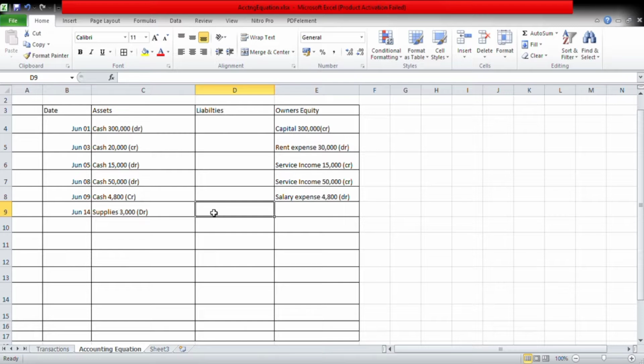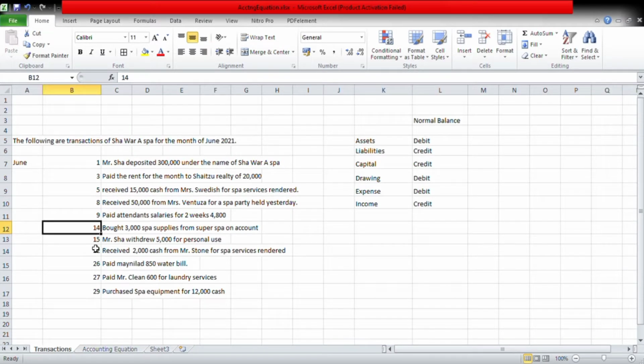So our liability will increase this time. So we write accounts payable. We are writing accounts payable as the account title because we're not writing any promissory note. So this is an open account. It's up to us, if we are the owner, when we will pay this, of course within 12 months or the accounting cycle. So am I right? 3,000.